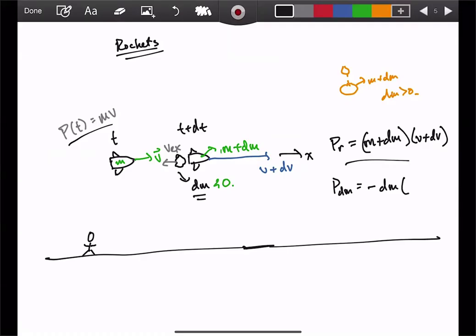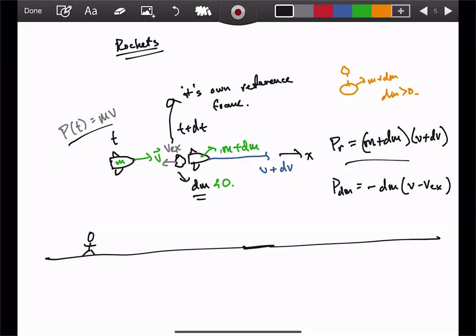Now, in this case, since the rocket overall is moving to the right with a velocity of v, and the exhaust is coming in the opposite direction with its own velocity in its own reference frame, so this V exhaust here is in its own reference frame. Then since it's moving in the opposite direction, the total velocity this guy's going to have, according to the guy on the ground, will be the relative velocity, which will be v minus the expulsion velocity.